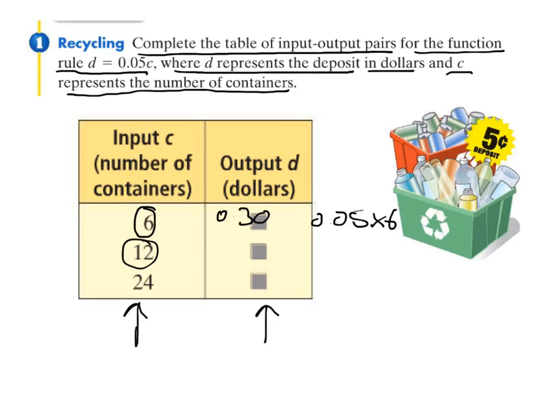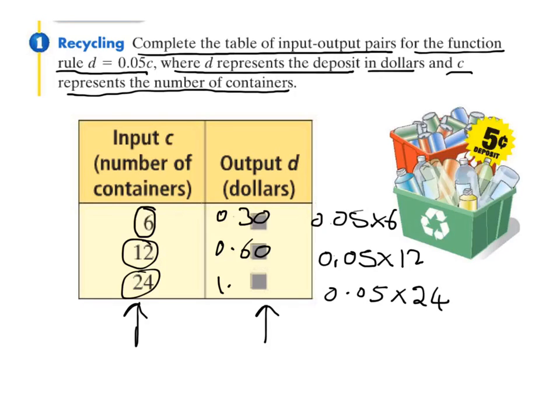If you buy 12 containers, you will deposit 0.05 times 12, and that will be 0.60. If you buy 24 containers, you will deposit 0.05 times 24, and that will be $1.20. So that is how you apply the rule of this function to fill in this table.